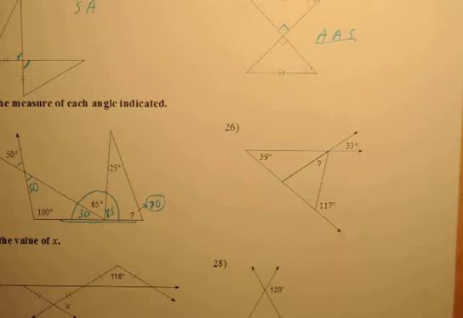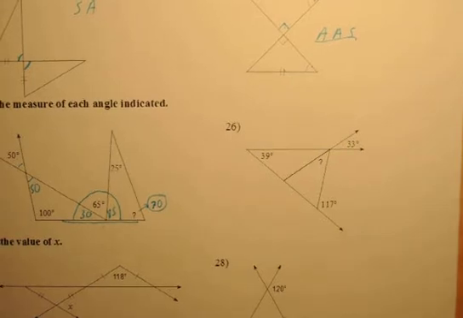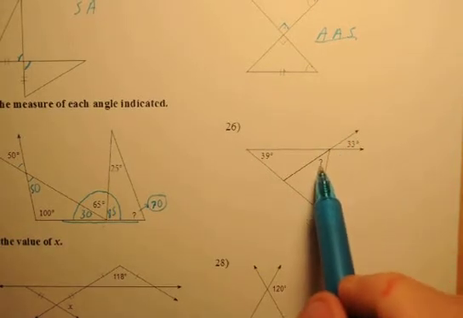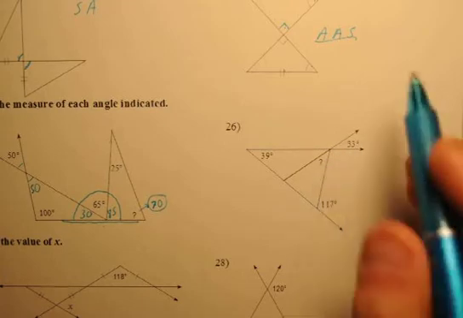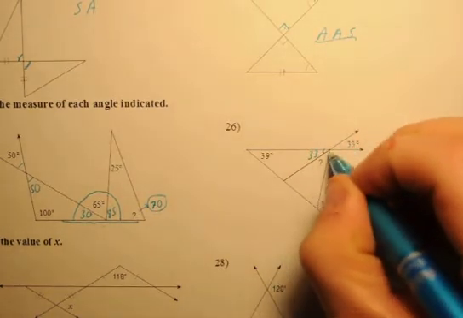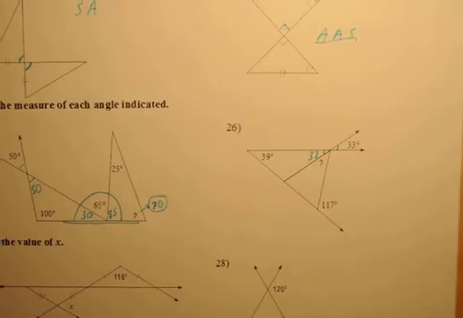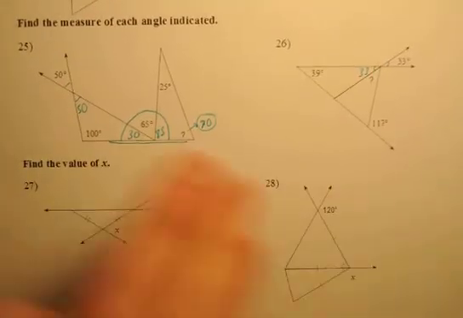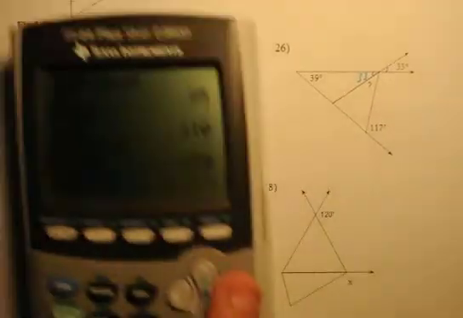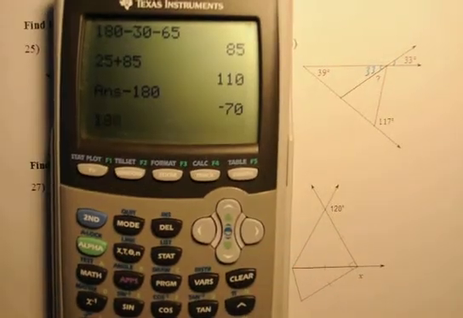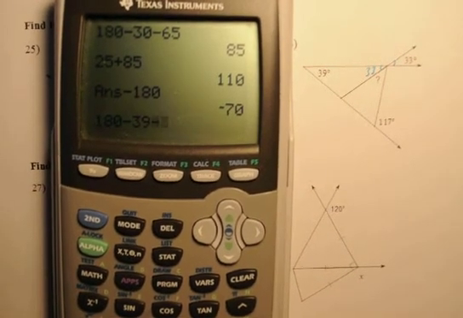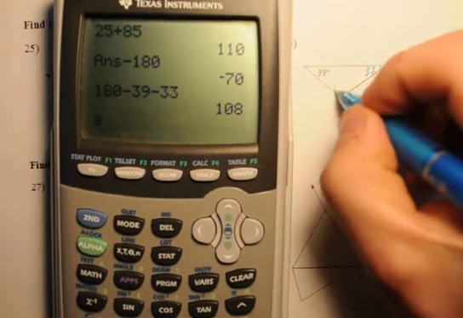26. Another puzzle. It's tempting to just say that this angle is 33, but they're not. This angle is 33. These are your vertical angles. And now we've got 180 degrees again. So 180 minus 39 minus 33 would be 108.